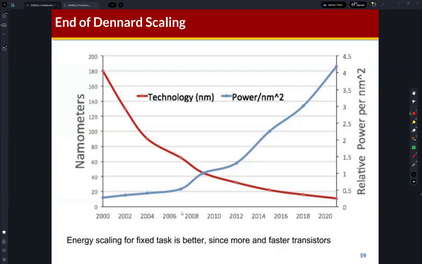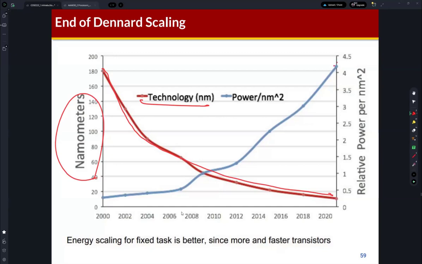In the old generation, this red line represents the technology node, in nanometers. If this number is reduced, it means that the size of the transistor is also reduced.